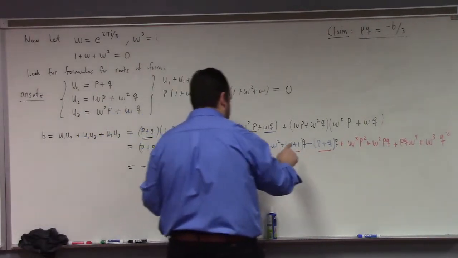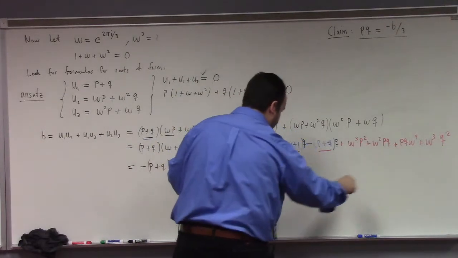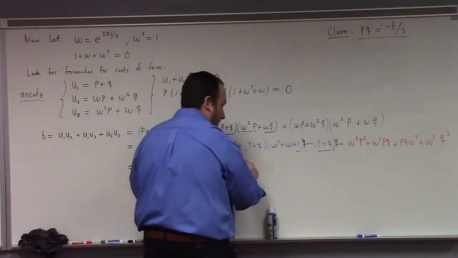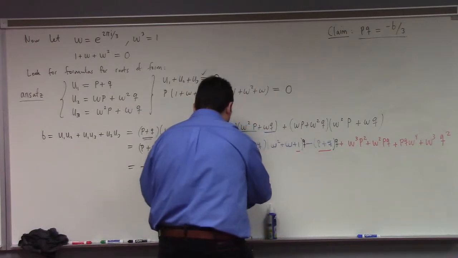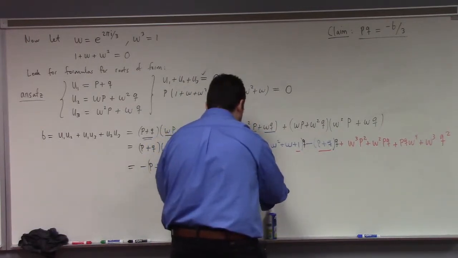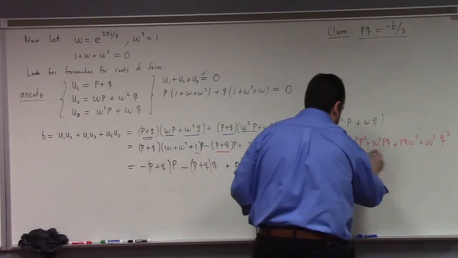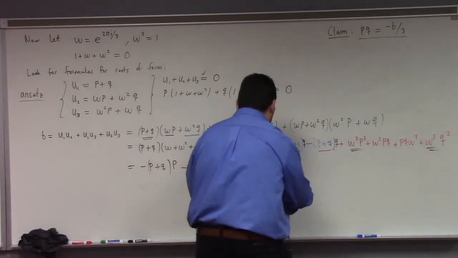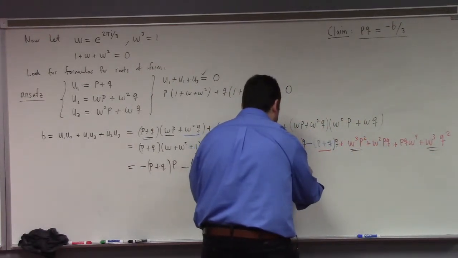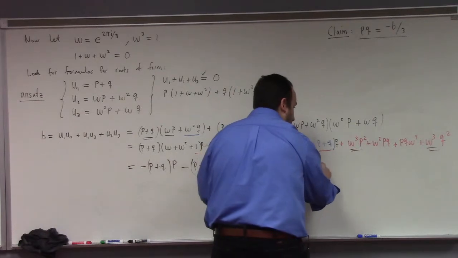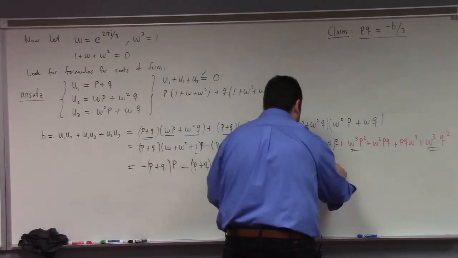And then this stuff over here, which was what? We have a plus P squared, we have a plus Q squared from this one and that one. And then we have plus omega squared PQ plus PQ omega.